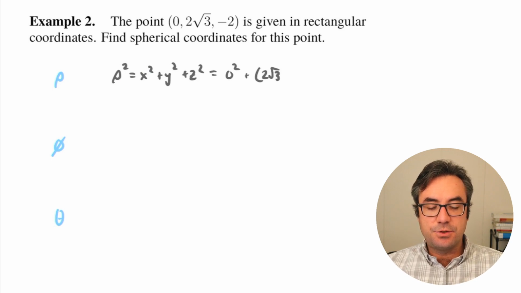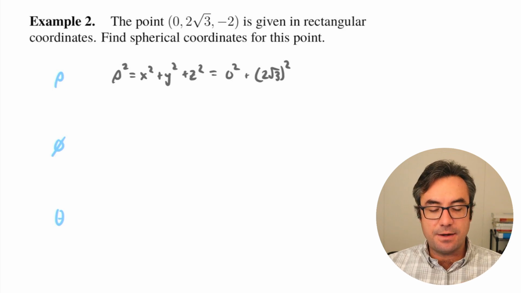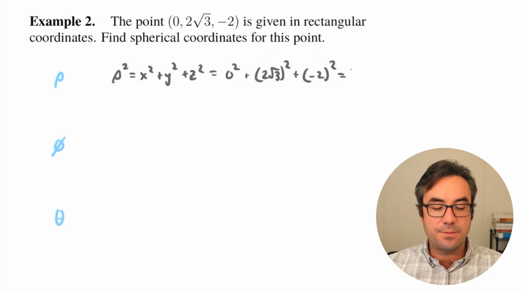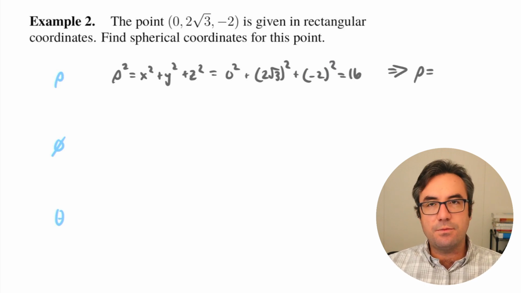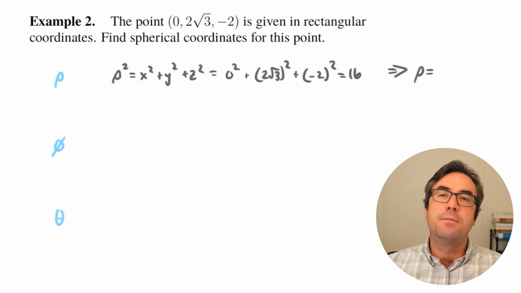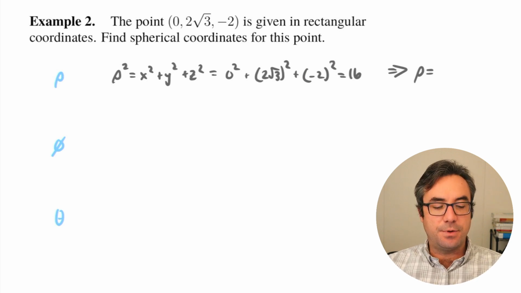Y is 2 square root 3, so we square that. And z is negative 2. If we calculate, this is going to be 12. This is going to be 4, so we end up with 16. And that tells us then, if we take the square root, rho is going to be plus or minus 4, but we want to use the positive value. We don't want to overcomplicate things, so let's use the positive value there.